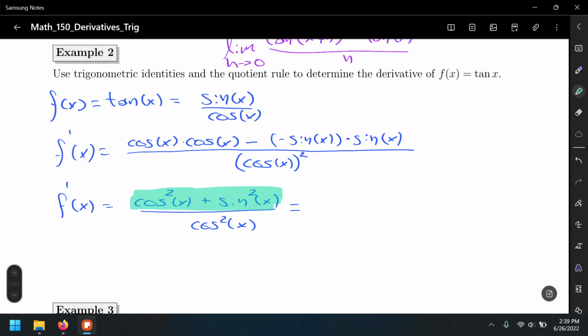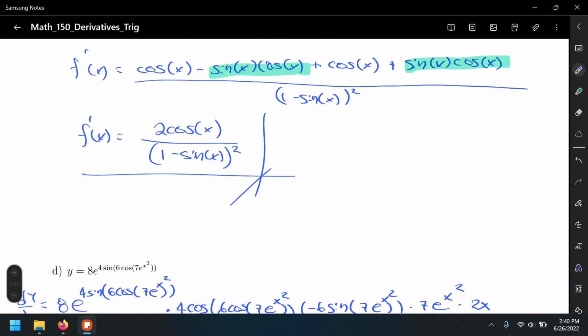It's a very well-known identity that you have covered back in pre-calculus. That equals 1. So that's 1 over cosine squared x, which we can still use identities on. 1 over cosine is equivalent to saying secant, but in this case squared. And that's the final answer. That's the derivative of tangent.